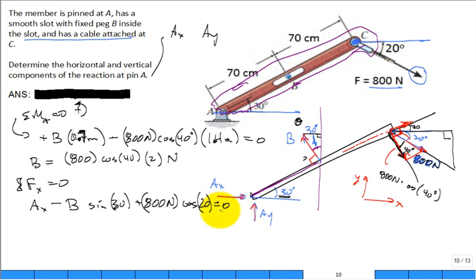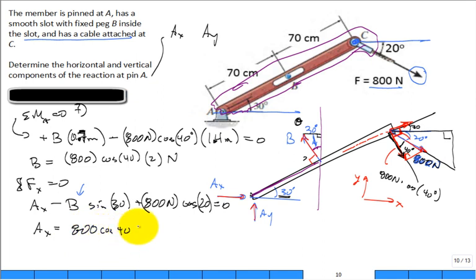Did we do the sum of the forces in the x correctly? Since we did solve for B already, we can now solve for A sub x. A sub x comes in at 0. I would like some people to verify that, or maybe we can do it by equation. So A sub x is equal to B. B is 800 cosine of 40 times 2 times the sine of 30 plus 800 cosine of 20. This is minus.